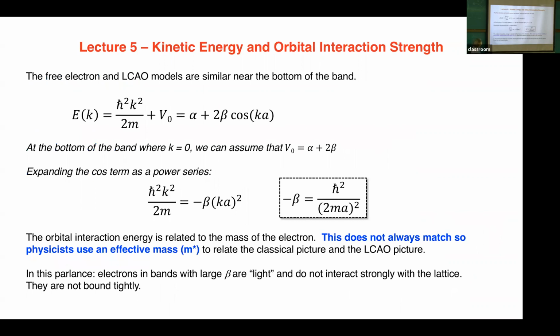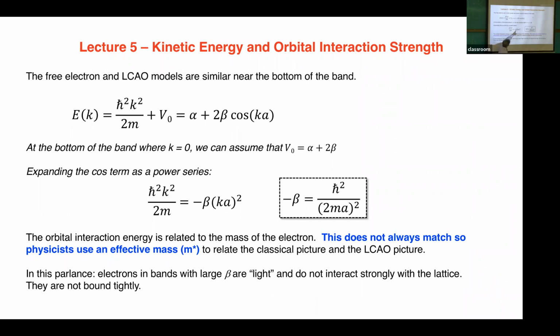All right, so you can also think about this as it relates to this Frost circle, sort of molecular orbital representation of energy. And a really valuable thing is that at the bottom of the band where K equals 0, this is approximately true.